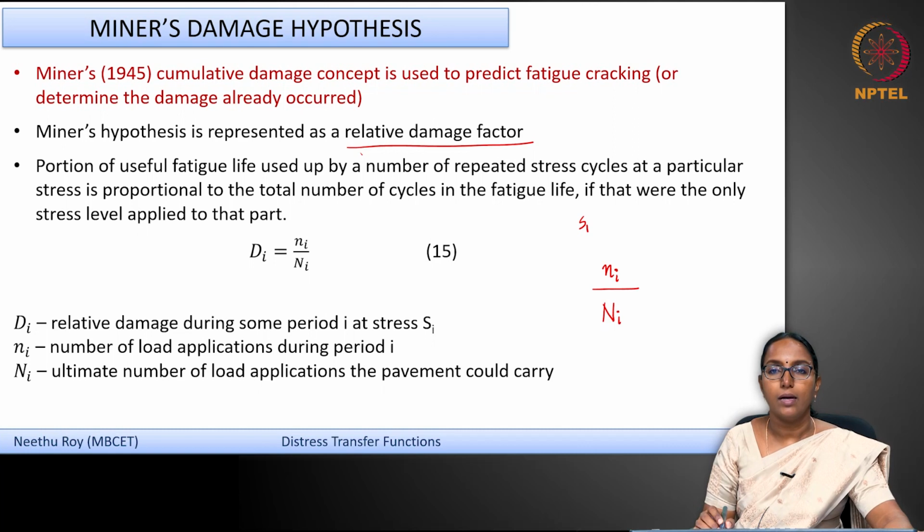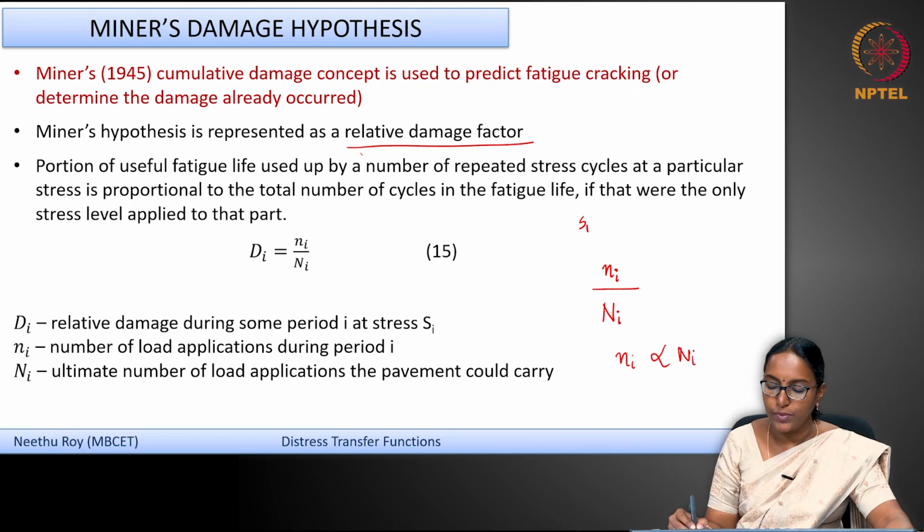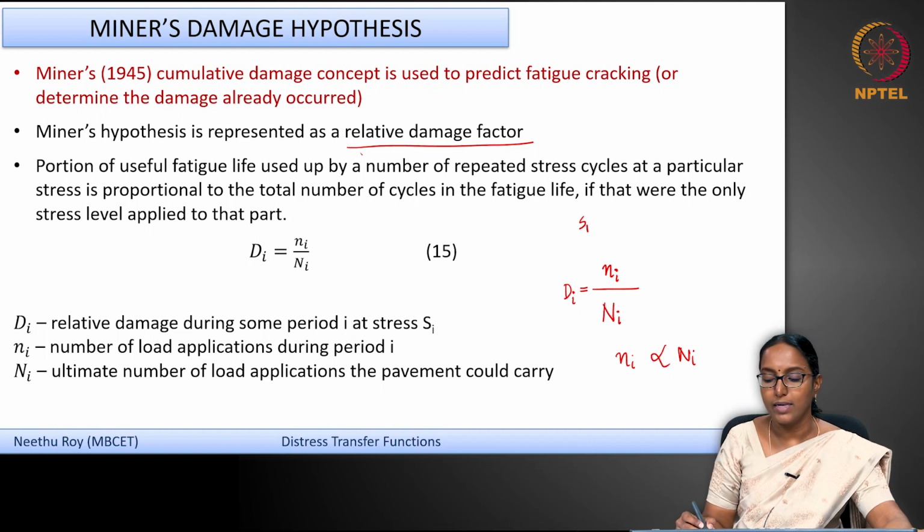Then Miner's hypothesis says that n_i is proportional to capital N_i, or the proportion of damage that happens till time i can be given as D_i = n_i / N_i.